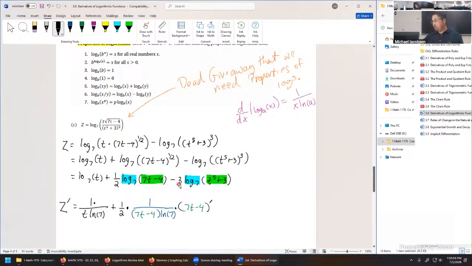Awesome. So last one, we're going to go -3, constant multiple rule. Multiply it by the derivative of log base 7, which is 1 over a placeholder like before, times the natural log of 7. Chain on our next derivative.